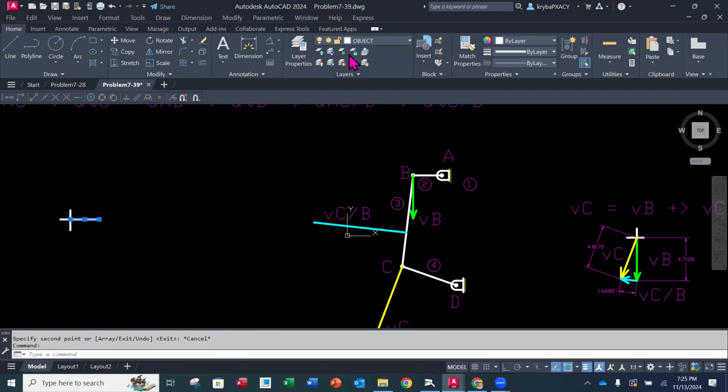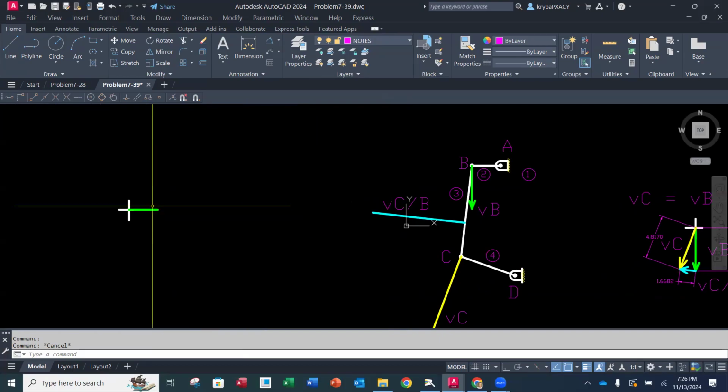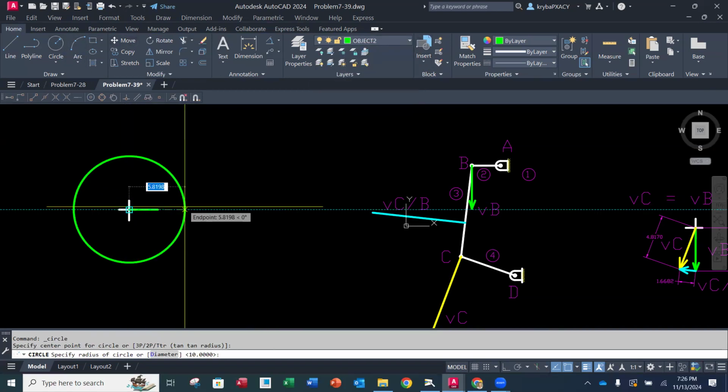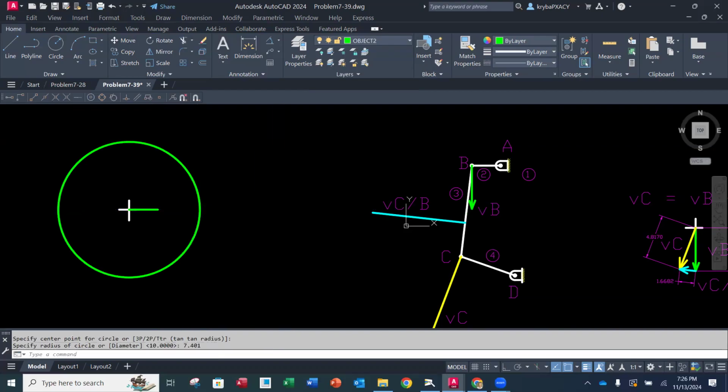I'm going to change this to green, my object 2. And I need to now make this a length of the magnitude of that length. So the magnitude of the normal component at B is 740. So that means that my radius is going to be 7.401. And then I'm going to extend to the end of that radius.